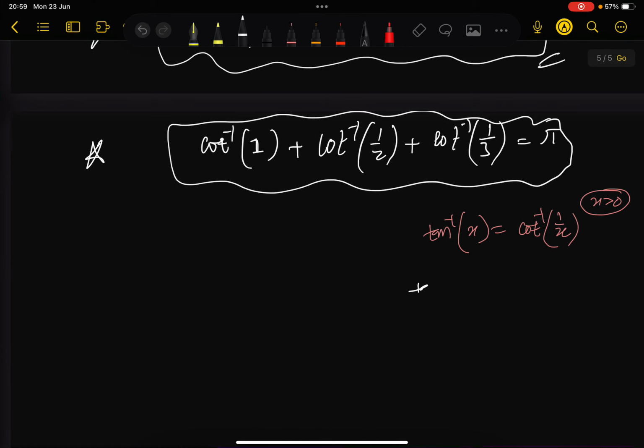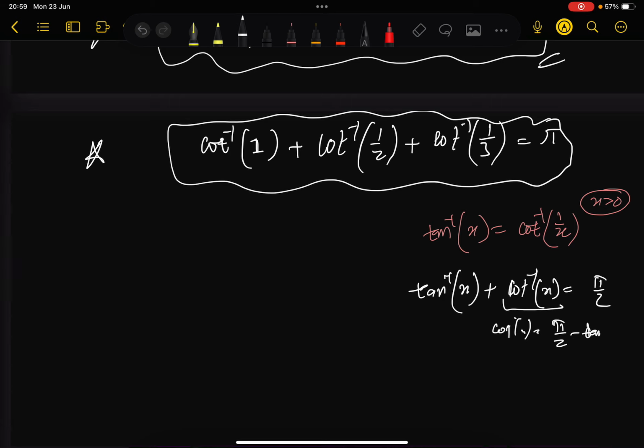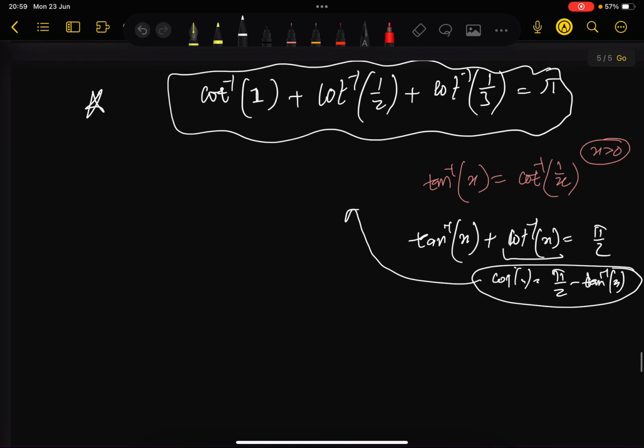You have studied that tan inverse x plus cot inverse x equals pi by 2. So cot inverse x you can convert into tan: in place of cot inverse x you can write pi by 2 minus tan inverse x. The same identity I am going to use here. In place of cot inverse 1, we can write pi by 2 minus tan inverse 1.